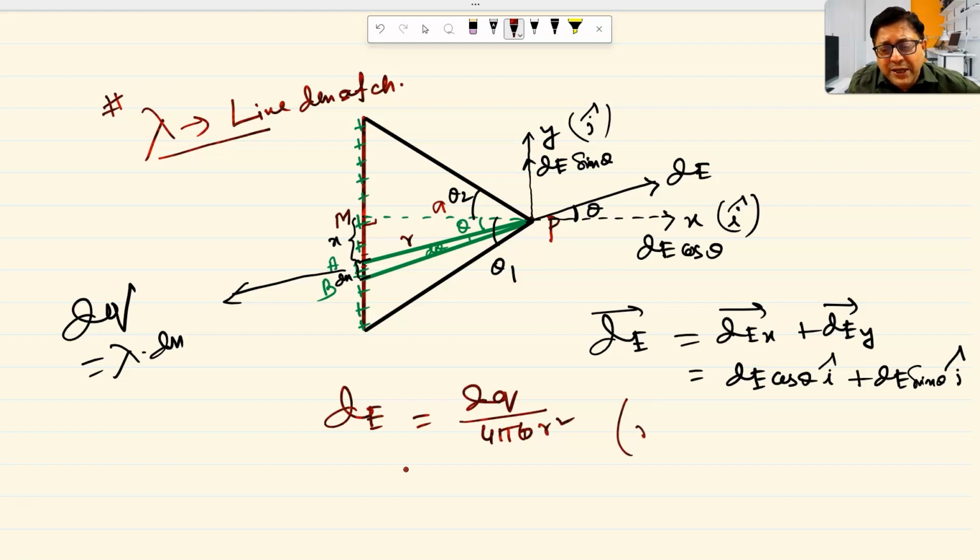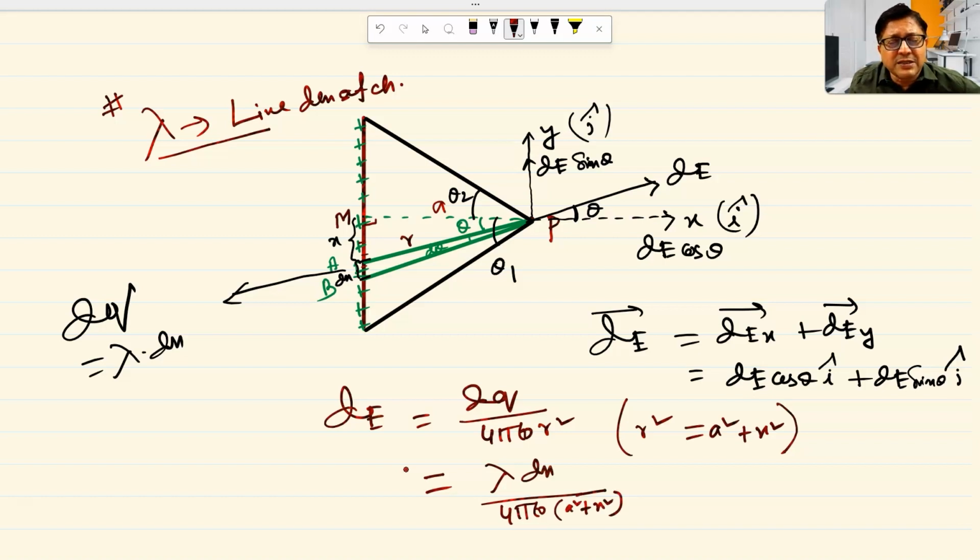What is r square here? r square is a square plus x square. This r is obviously variable. The dq value is lambda dx. Just substitute there: lambda dx by 4 pi epsilon 0 into a square plus x square.